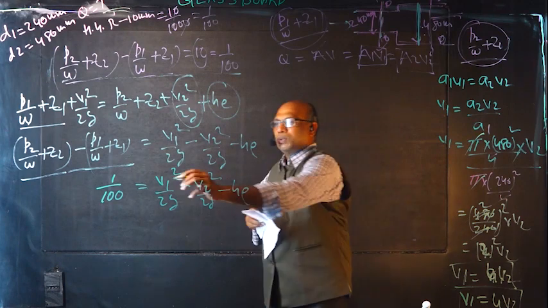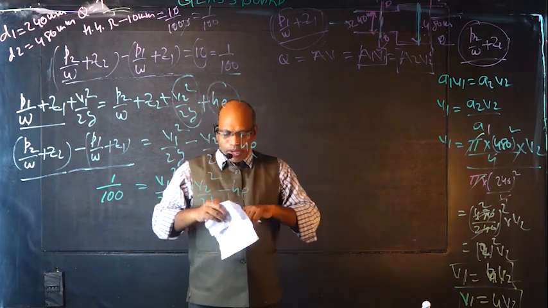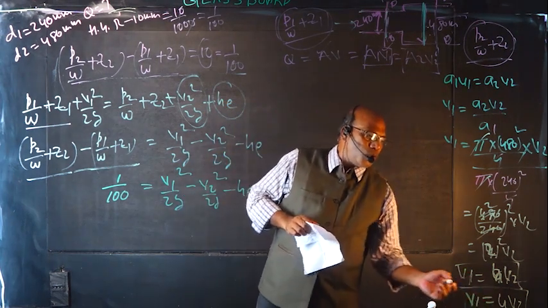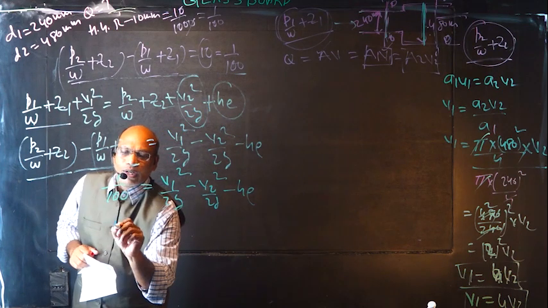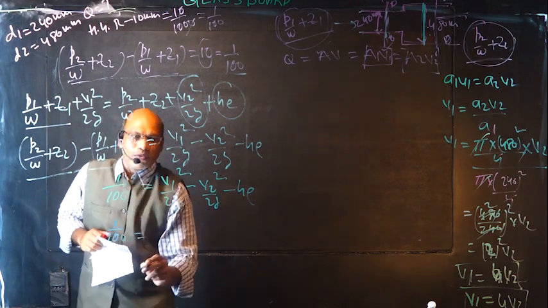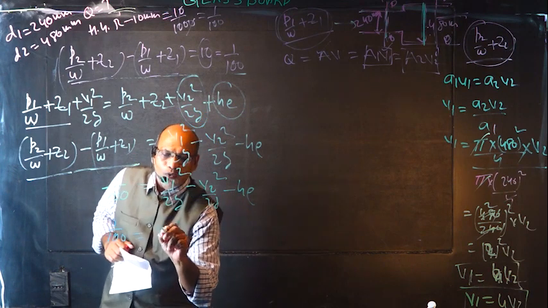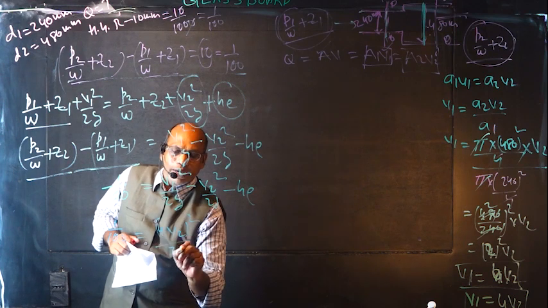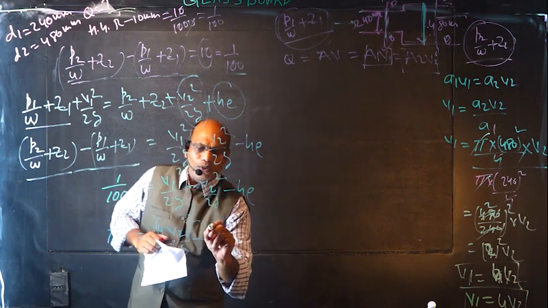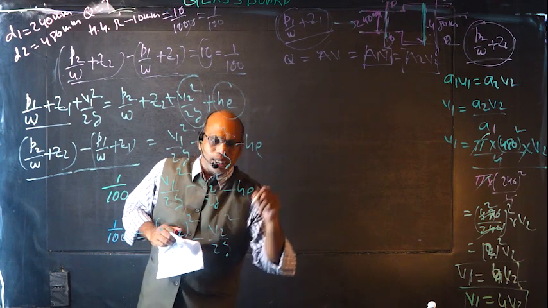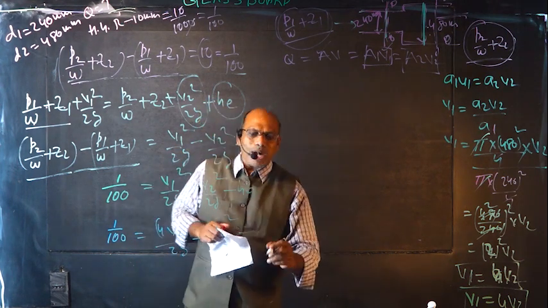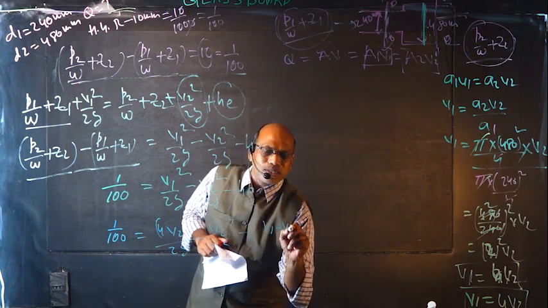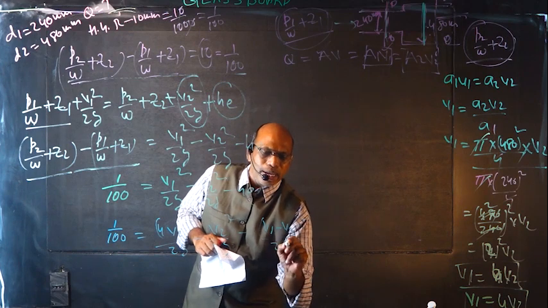Now this value is substituted in the equation. 1 by 100 is equal to V1 square divided by 2G minus V2 square by 2G minus HE, the head loss due to enlargement, which I have already given as V1 minus V2 square divided by 2G.